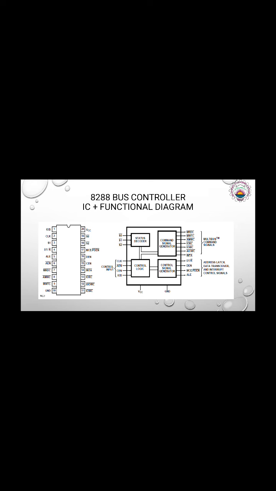INTA bar, interrupt acknowledge signal. Then DT slash R bar, data transmit slash receive signal. Then DEN, data enabling for buffers. ALE, address latch enable.